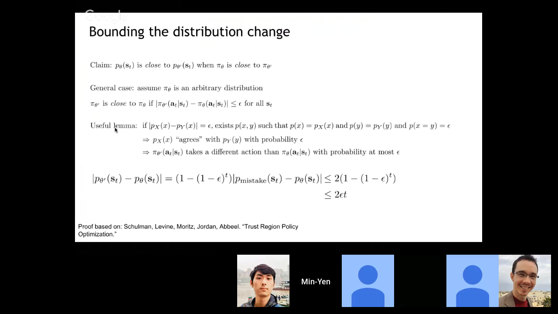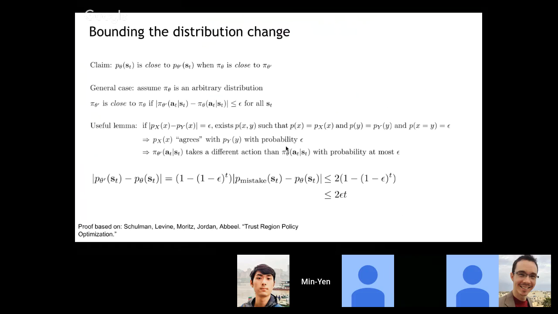This is a lemma he uses to eventually arrive at this part where the mistake or the difference is actually bounded by epsilon.